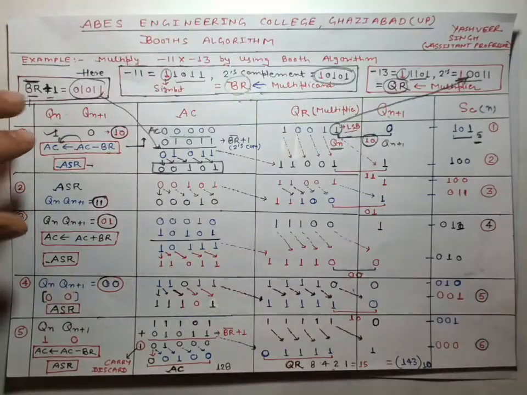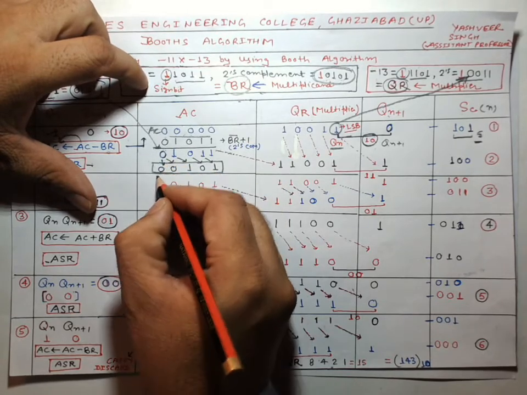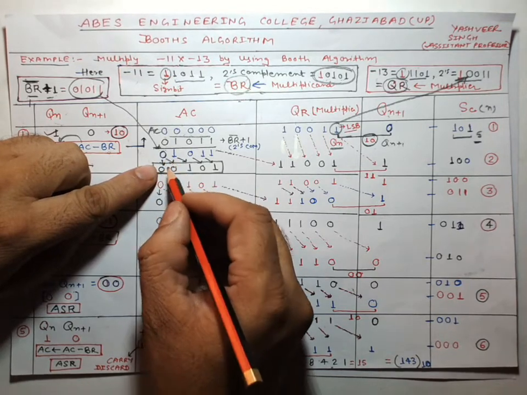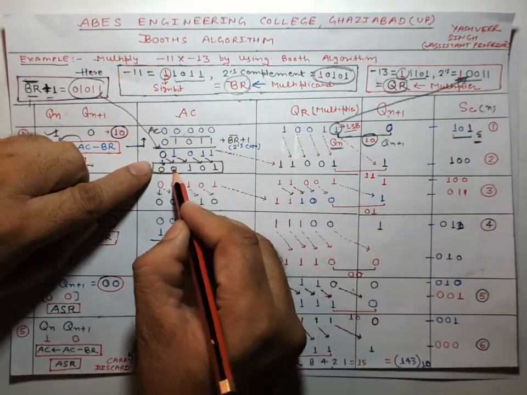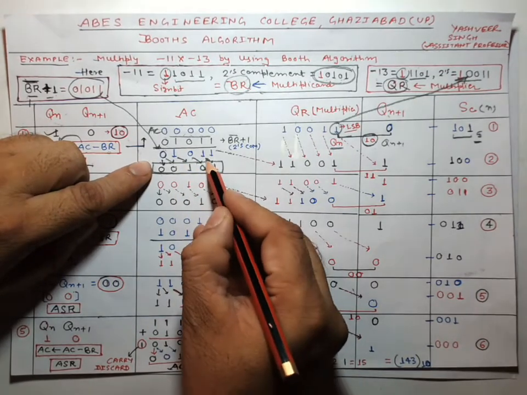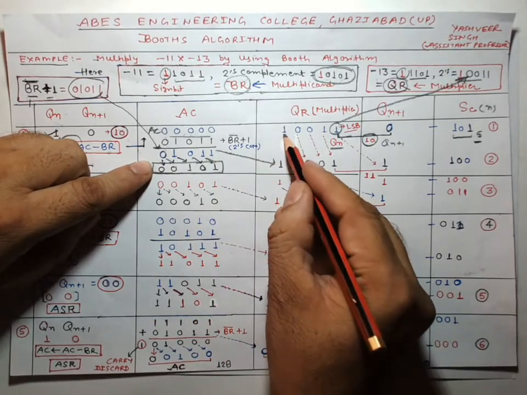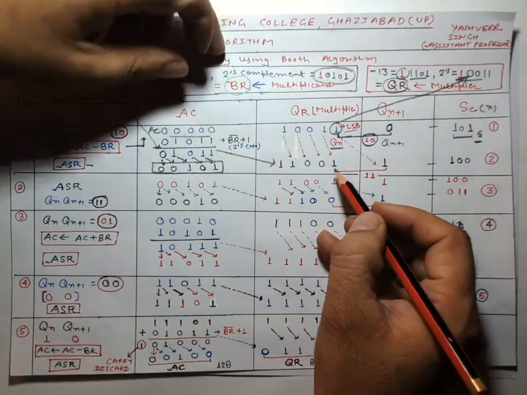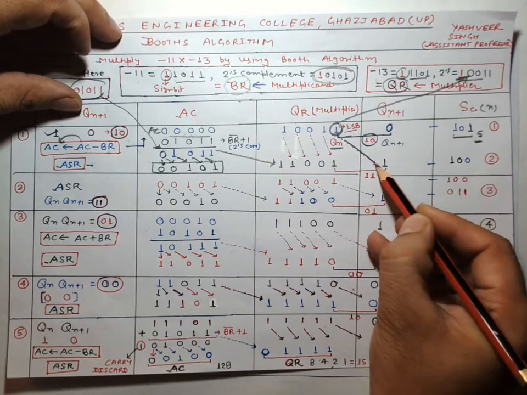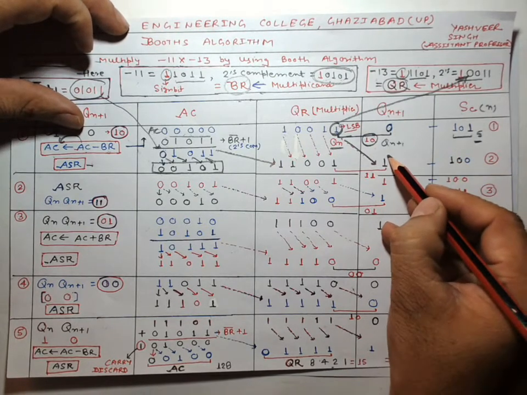If we shift, this first bit is copied the same here as it is, and the other bits are shifted one bit to the right. 0 is here, 1 is here, and 0 is shifted to the right to this place, and this one comes at this place. Similarly, this one is shifted one bit to the right, and we will find Qn plus 1 as 1.